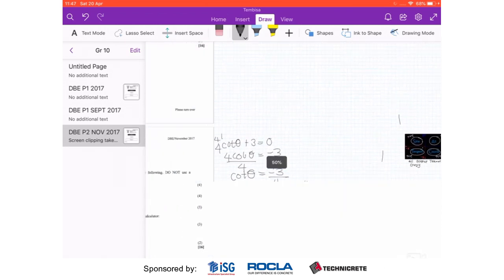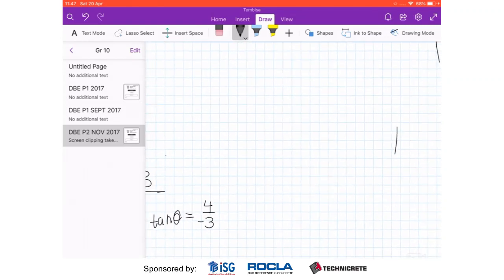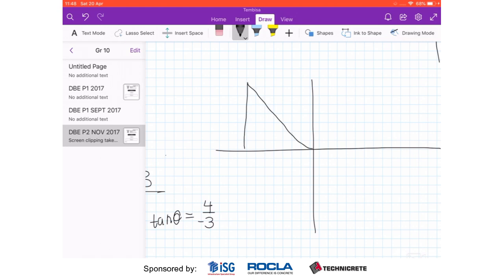Okay, so let's draw a diagram here. It's in quadrant 2 is what we said, so we're going up and we're going down. Here's my theta, and tan is opposite over adjacent. So this is obviously going to be negative because of the quadrant, and this is 4. Here is my right angle.